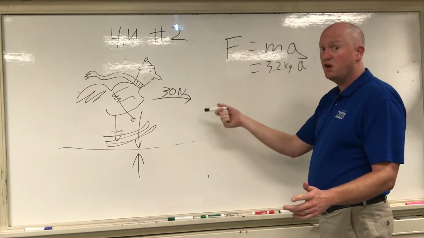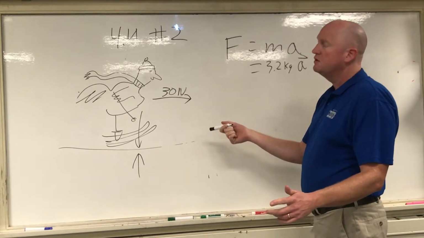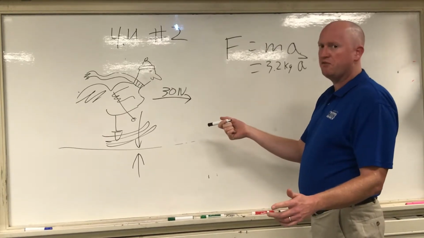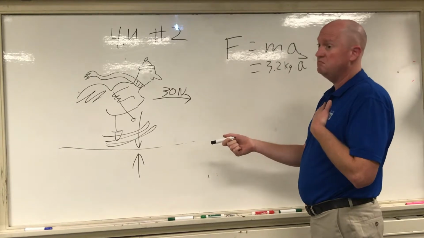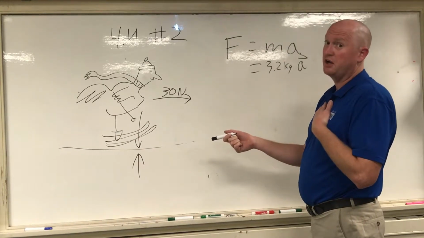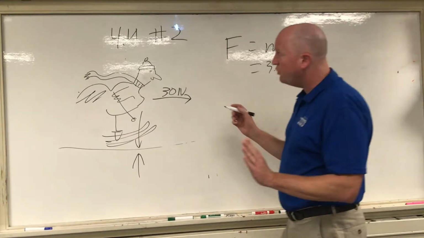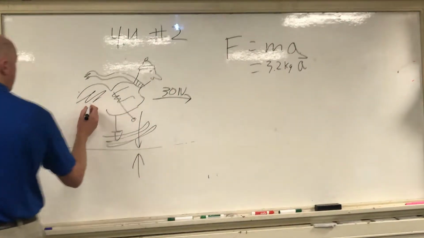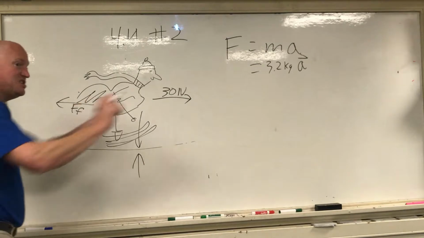But is this the only force acting on your chicken? Well, once again, it wouldn't be a chicken for you now, would it? It would be whatever your pet is. In my case, it's a chicken because that's all I got. But there's another force playing a part here. The other force is the force of friction. You apply a forward force, the force of friction resists.